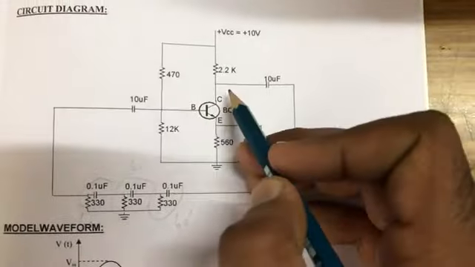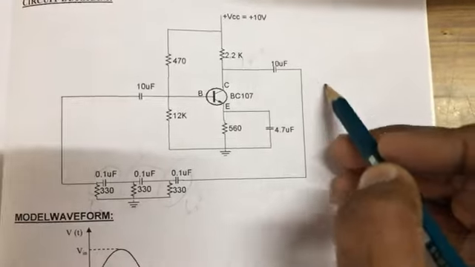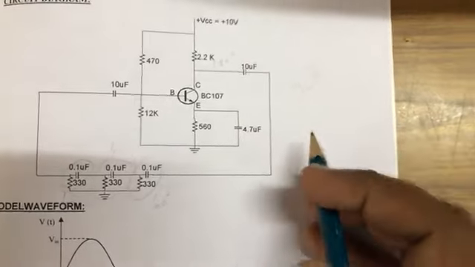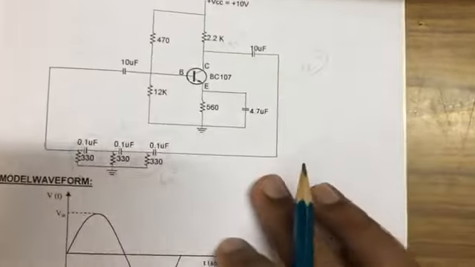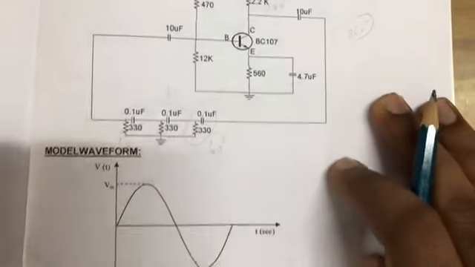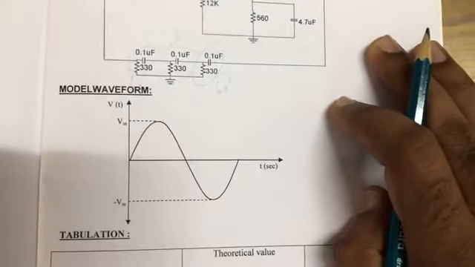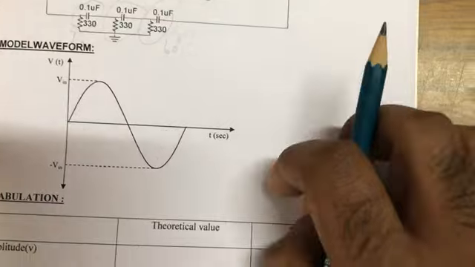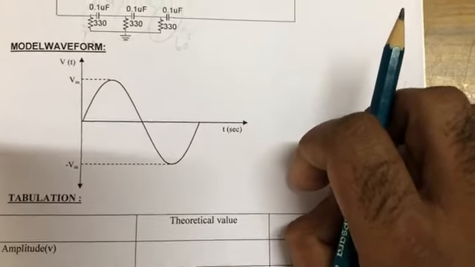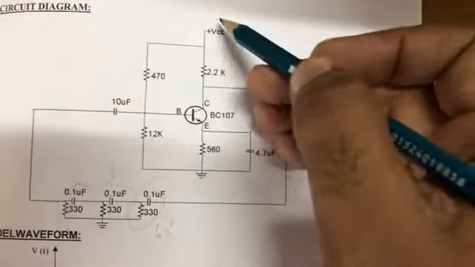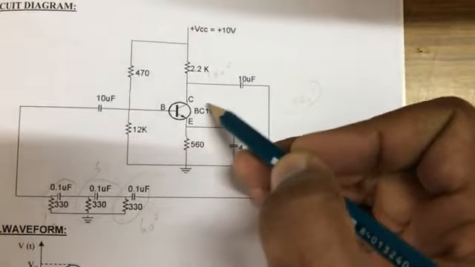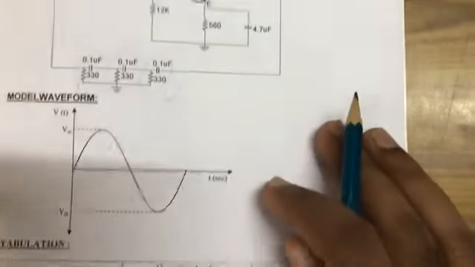So the transistor will produce the remaining 180-degree phase shift. So totally 360-degree phase shift will be obtained using this RC phase shift oscillator. That is the Barkhausen criteria, right? So this circuit will produce a sinusoidal waveform. We are giving a DC input, and based on the DC input, it will produce a sinusoidal output.